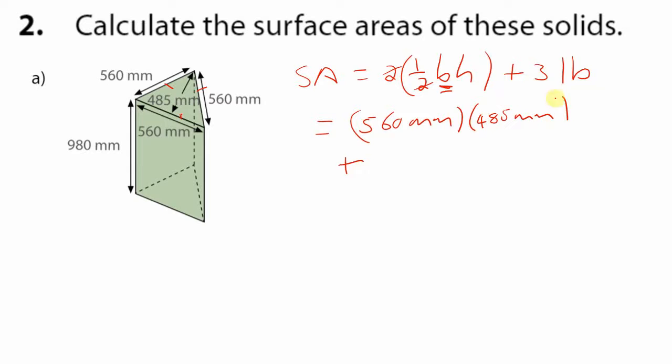And now we can look at our rectangle. There are 3 of them. We have a length of 980, so it's that distance, and then we have the 485 for the breadth, for the width. So it's 3 times the 980 millimeter times the 560 millimeter.